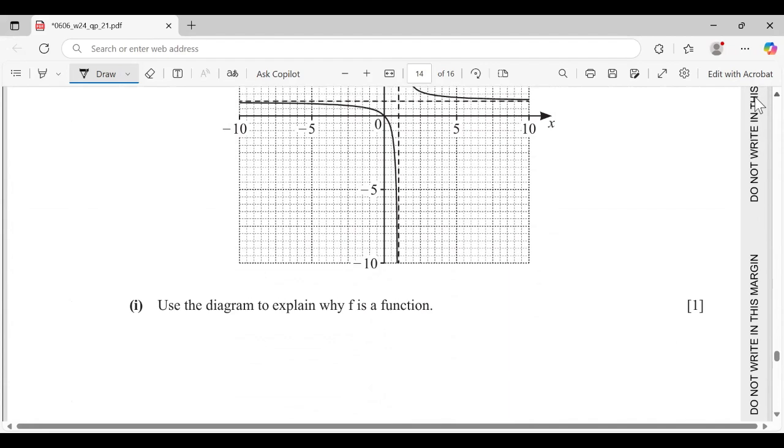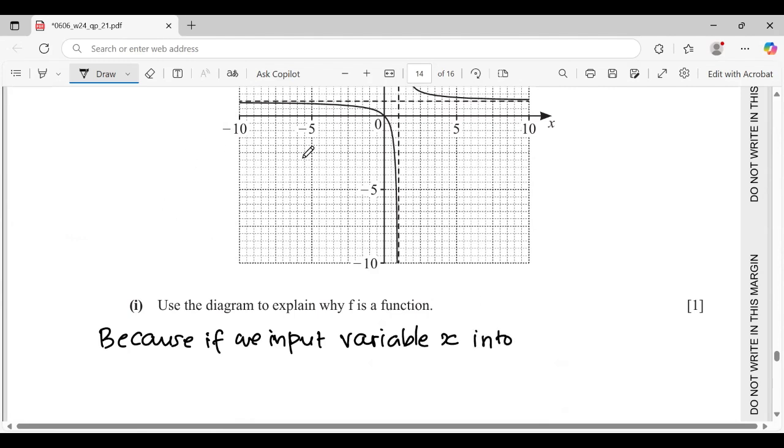f is a function because if we input a variable x into the function, it has exactly one output in y.